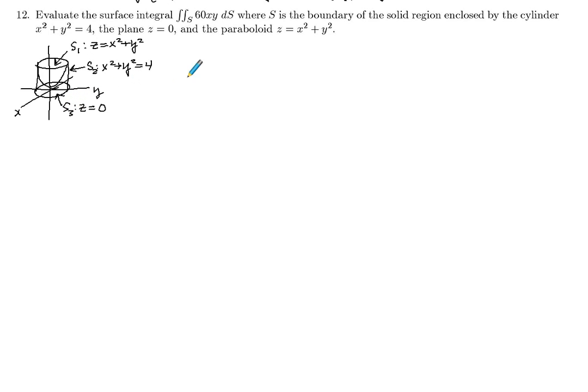So the integral over the surface S of 60xy dS, we're going to have to break this up. It's going to be the integral along S1 of 60xy dS, plus the integral along S2, plus the integral along S3. Now we compute each one of these individually.